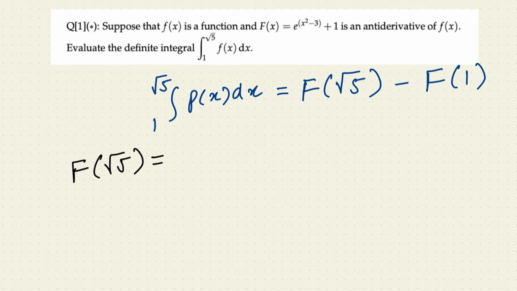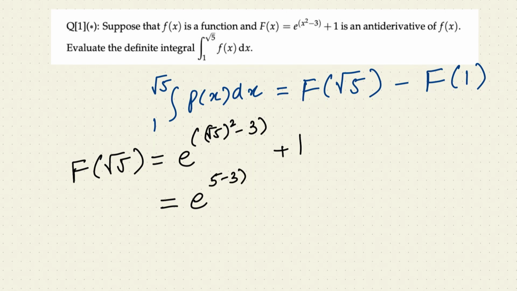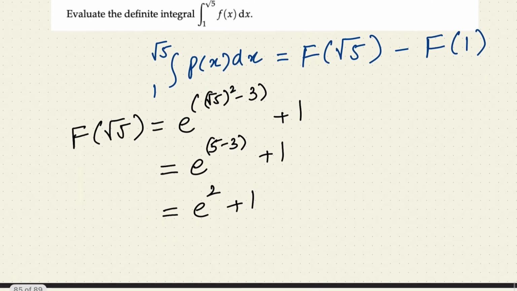So if we substitute, it would become e to the power (root 5) square minus 3 plus 1, which would get simplified to e to the power 5 minus 3 plus 1, which is again e square plus 1. So now we have F(root 5).